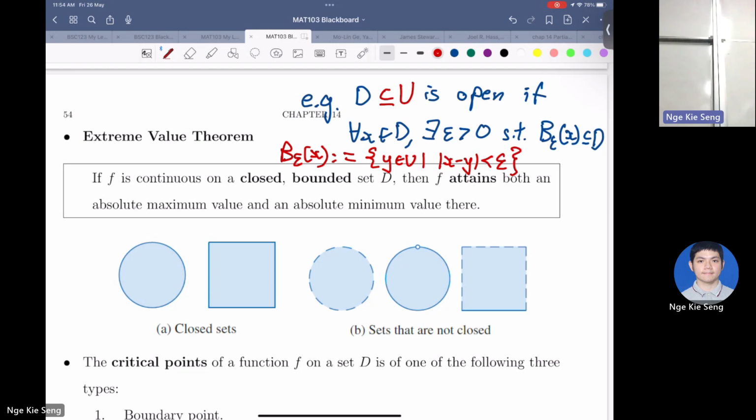Let's see what is open. An open ball is open in the universal set. Why?